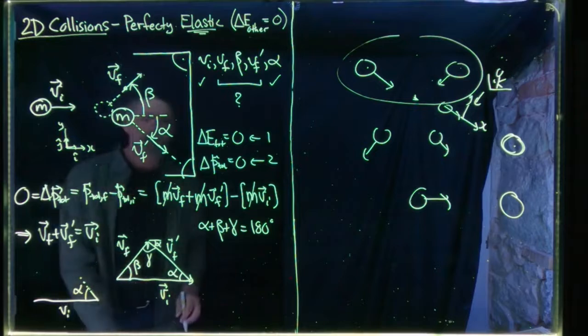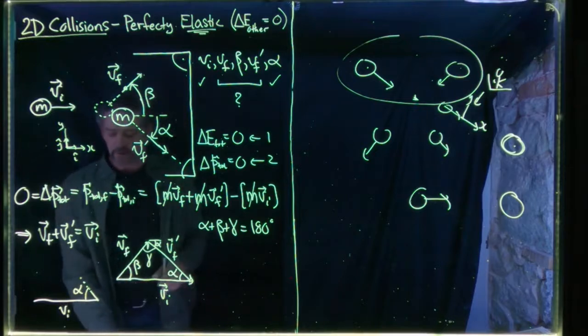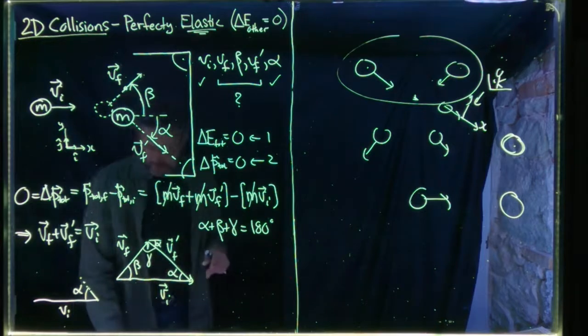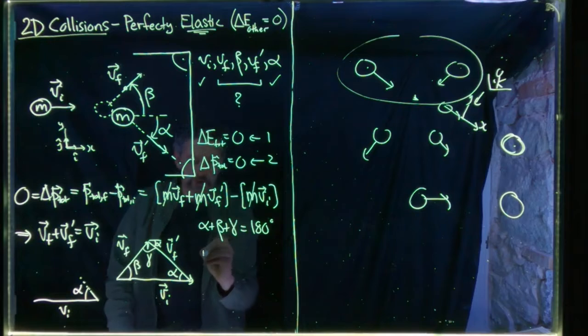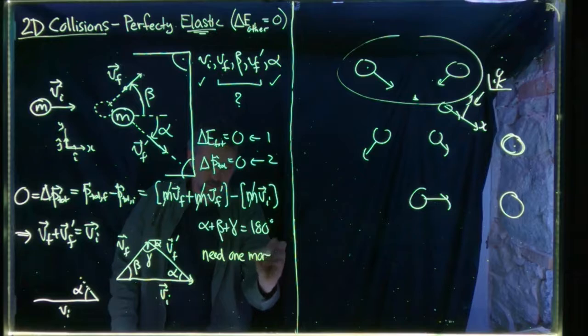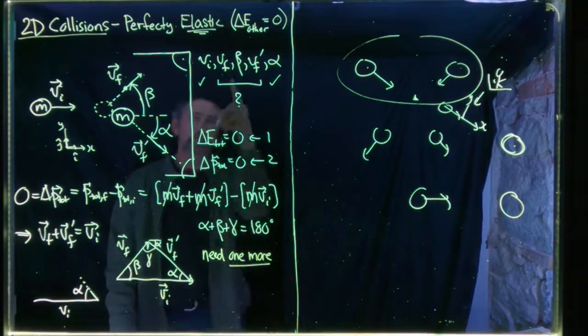This angle alpha. Now the thing about a triangle is if you know 3 pieces of information about the triangle, it is entirely determined. So we need one more bit of information about the triangle.